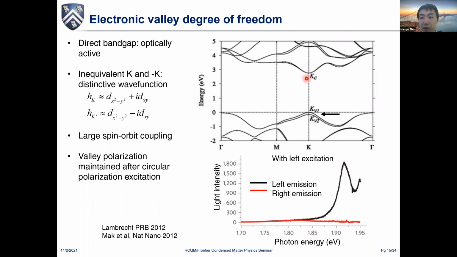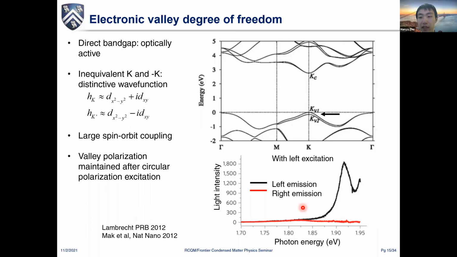So indeed, people got the initial excitement from measurements where the photoluminescence, which is the emission of these carriers after some time, maintains a very high degree of circular polarization. So information of polarization is stored within the material.